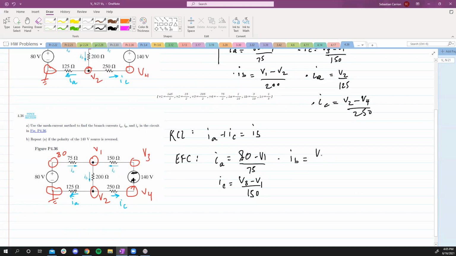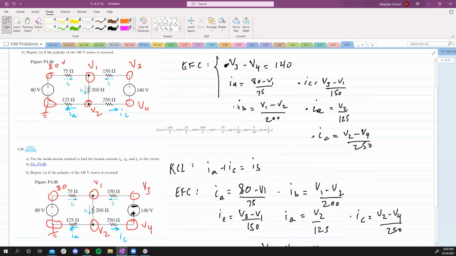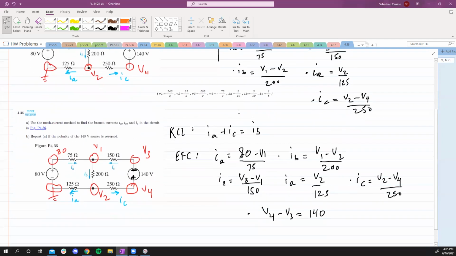IB equals V1 minus V2 over 200. ID would be V2 over 125. IE would be V2 minus V4 over 250. And then for our last equation, V4 minus V3 would be 140 instead of V3 minus V4 would be 140.